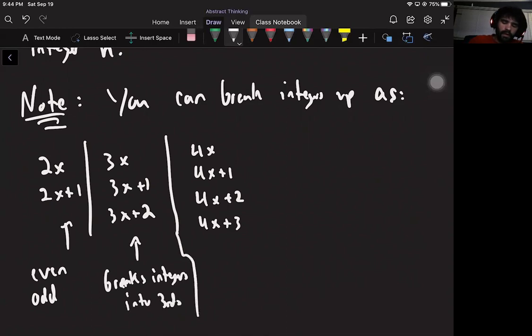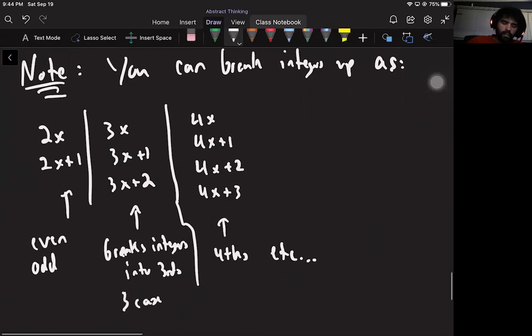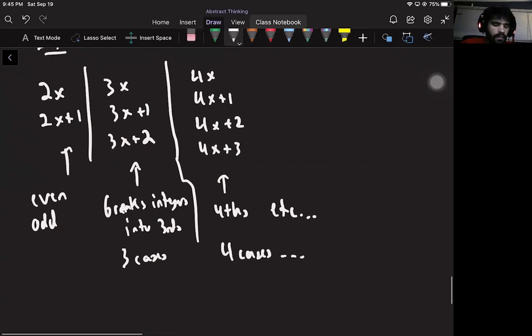I guess thirds isn't really the good word for that, but basically you get 3 cases to prove, and 4 cases, and so on. So if you make a claim about all integers, one technique is to try to break it up in different ways. And if even and odd doesn't work, try something else.